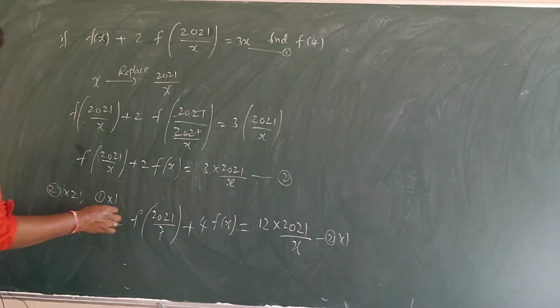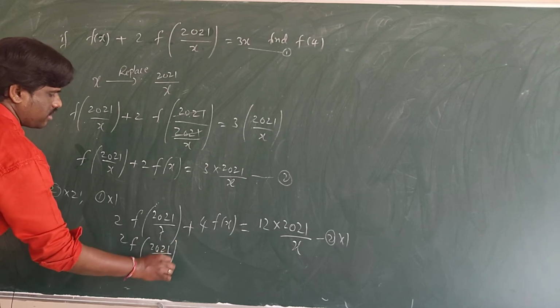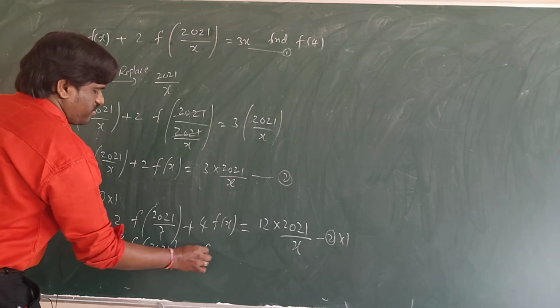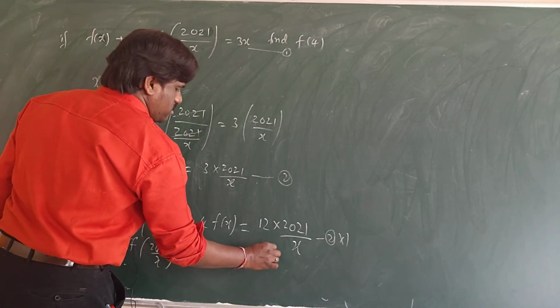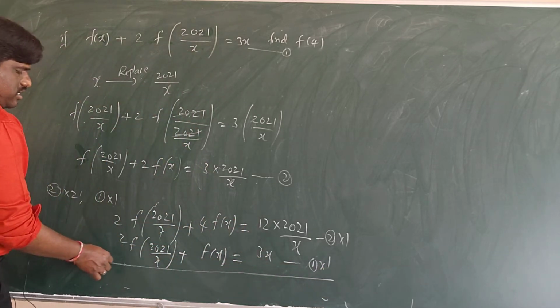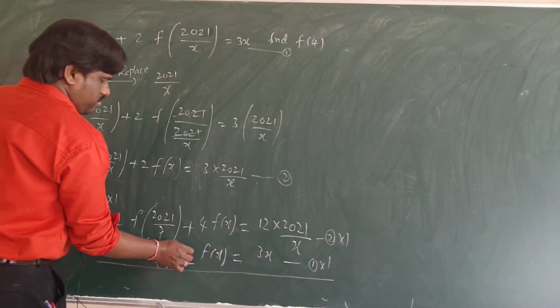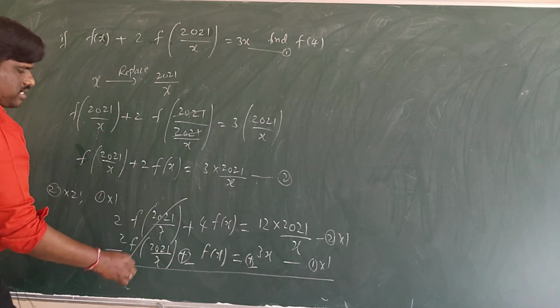So the first equation is what? 2 f of 2021 by x plus f of x is equal to 3x. This is the first equation after multiplying with 1. Now do the subtraction here. This will become minus, so this will be cancelled out.